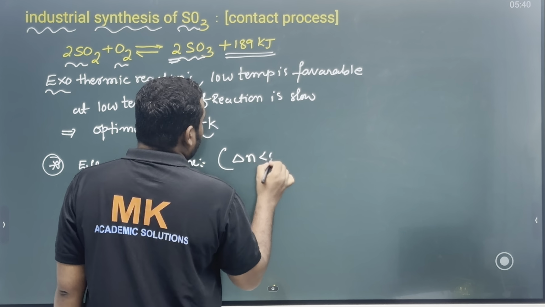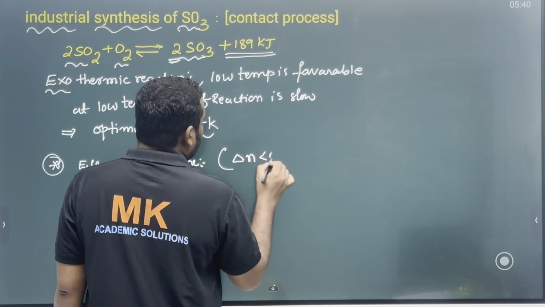When delta N is less than 0, if pressure increases, the equilibrium shifts towards the product side. We want the product, so high pressure is favorable, actually favorable for more SO3, but here we have a difficulty with high pressure.